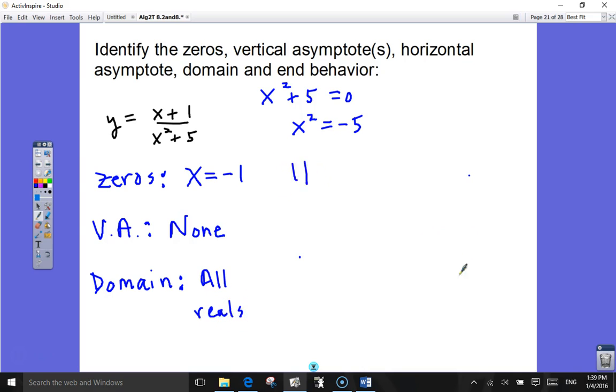And the horizontal asymptote, by the rules, should be like the last one, right? The higher power is in the denominator, so it's y equals 0.